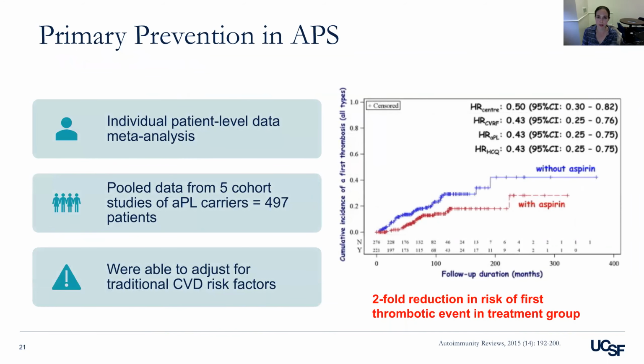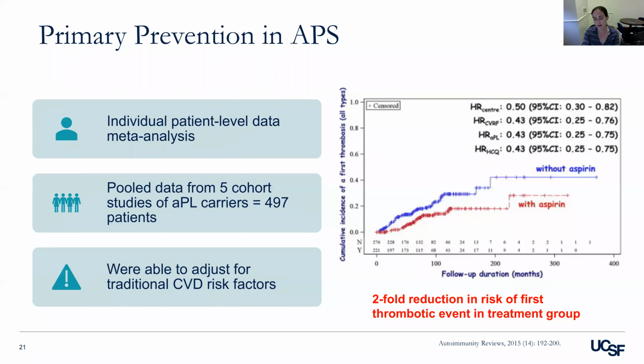This paper, in contrast, so not a randomized controlled trial, but a very well done patient level data meta-analysis, looked at pooled data from 5 cohort studies of antiphospholipid antibody carriers for a total of just about 500 patients. The nice thing about this meta-analysis, because they had patient level data, they were able to adjust for traditional cardiovascular disease risk factors.